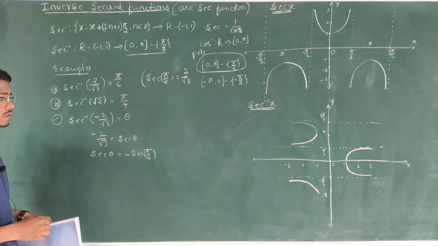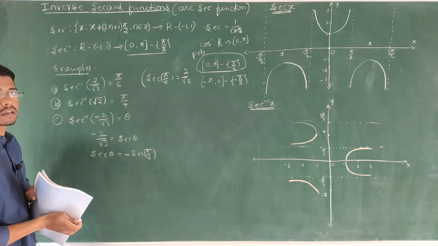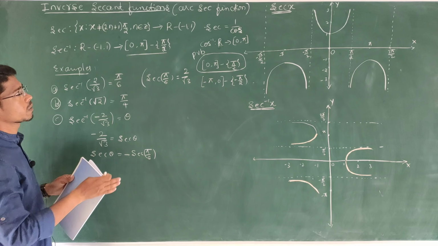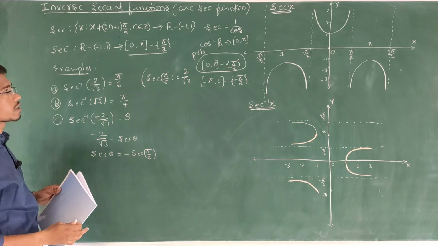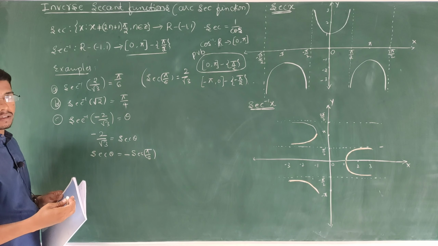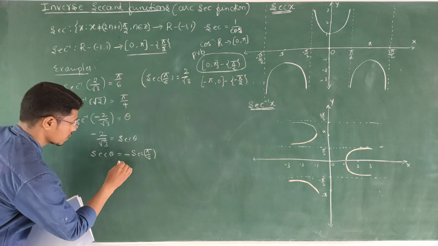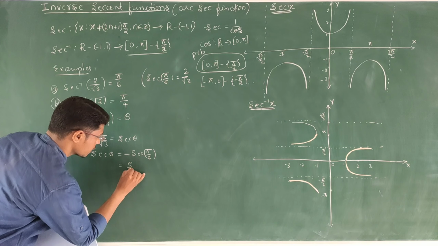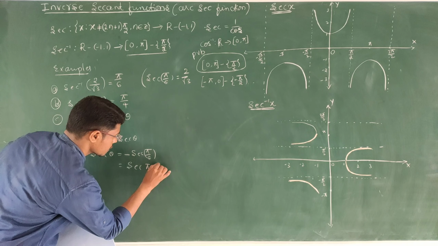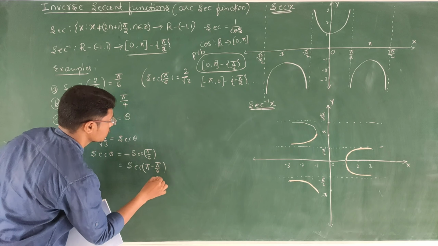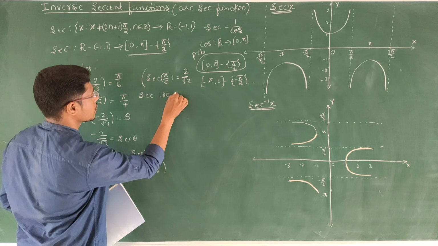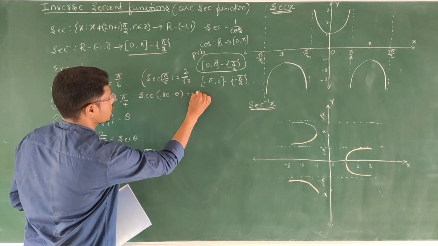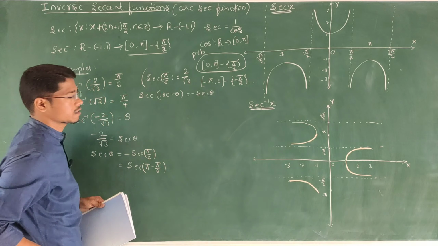Okay. So sec is negative in the second and third quadrant. However, our principal value branch is 0 to pi, except pi by 2. We have to consider the second quadrant only. Therefore, take the minus inside: sec of pi minus pi by 6, that is sec of 180 minus theta is minus sec theta, right?